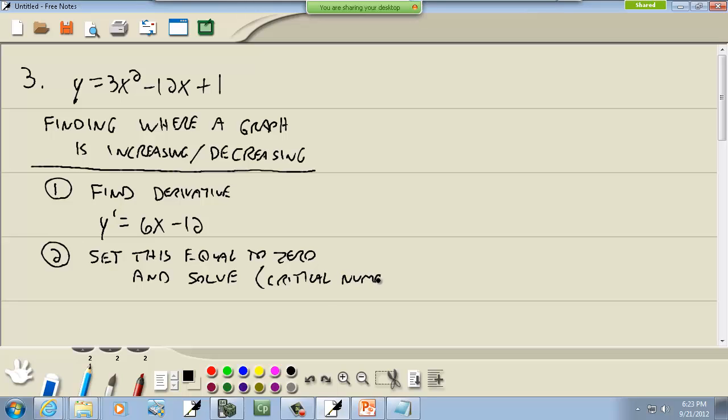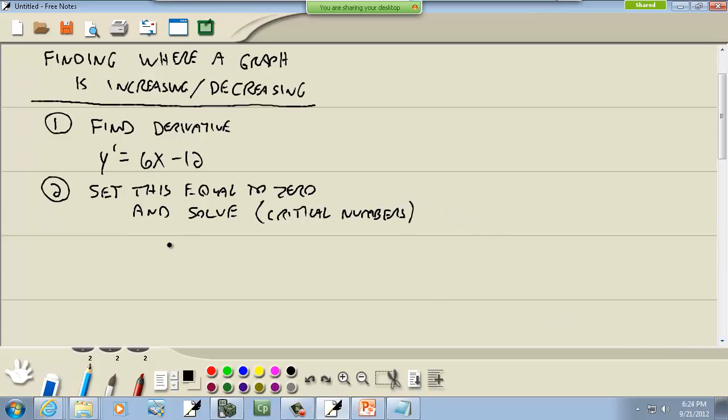So I got 6x minus 12 equal to 0. Now to solve this one, I take the negative 12 to the right side, becomes a positive 12. Divide both sides by 6. And we get x is equal to 2.